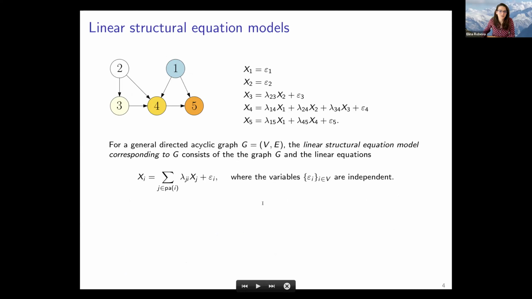Okay. And then again, if we have a general directed acyclic graph G, then the linear structural equation model corresponding to G consists of the graph and the variables at each vertex and the equations where xi is a sum over j going over the parents of i of lambda ji xj plus epsilon i, and the epsilons are independent.